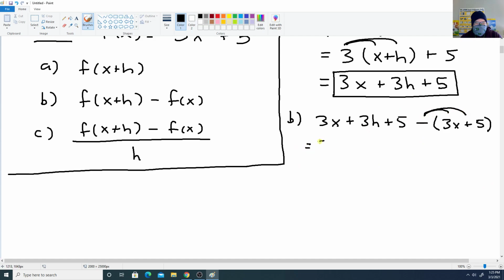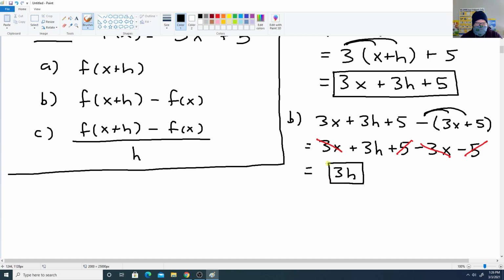So this is equal to 3x plus 3h plus 5 minus 3x minus 5. And positive 3x and negative 3x will cancel. Positive 5 and negative 5 will cancel. And so for part B, the only part we're left with is 3h. So f of x plus h minus f of x is really 3h.